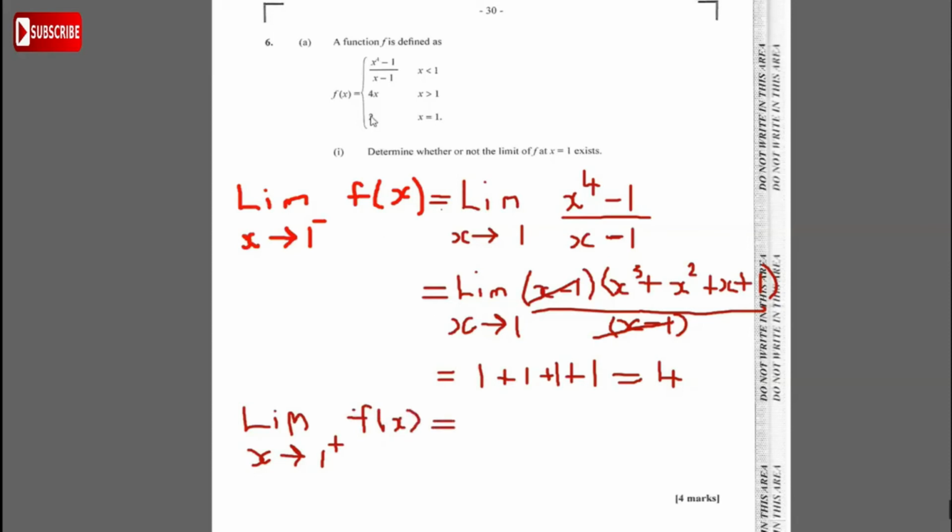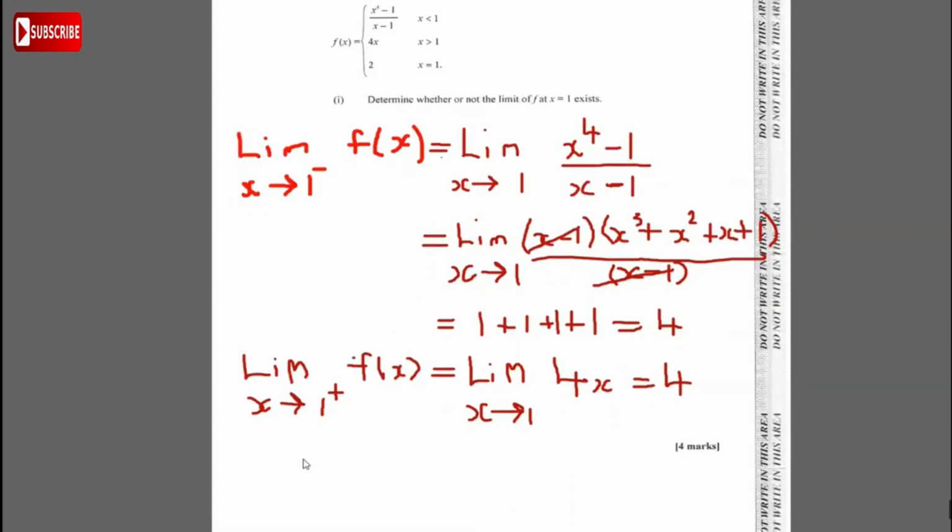Plugging in on the right, it's the limit as x approaches 1 of 4 times x. So all you need to do is plug in x as 1 now. And so what you're going to get is 4. Now since the left-hand limit and the right-hand limit are equal, then the limit exists.